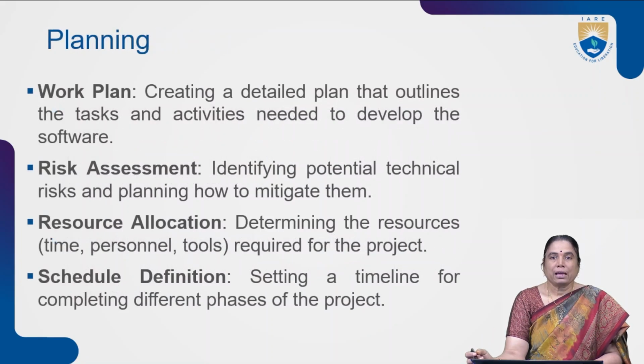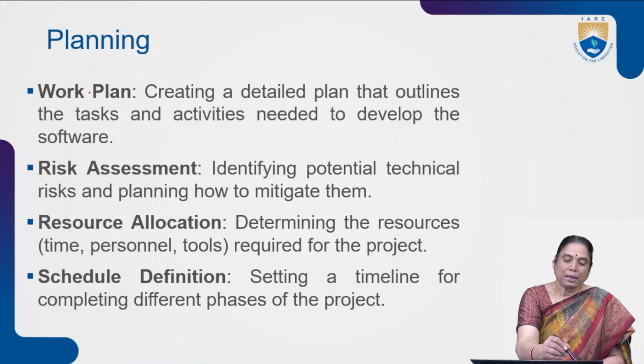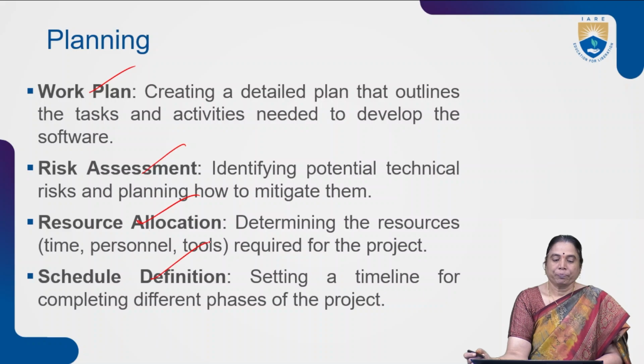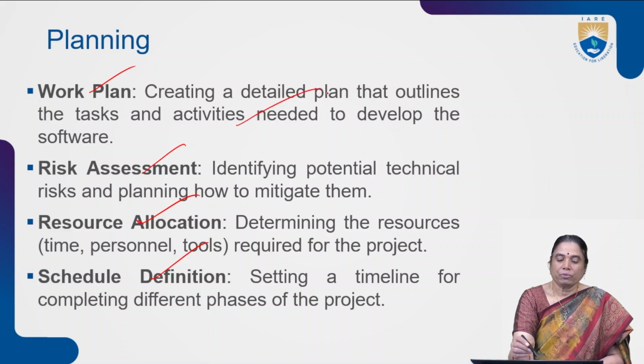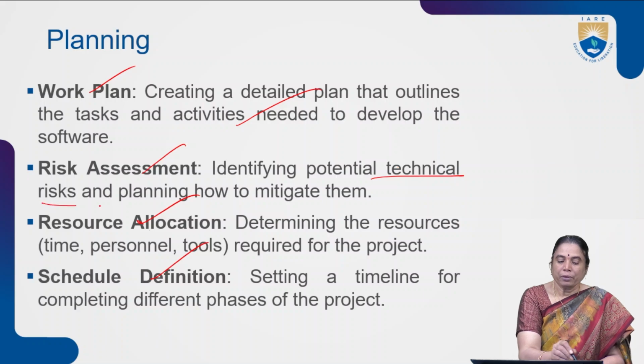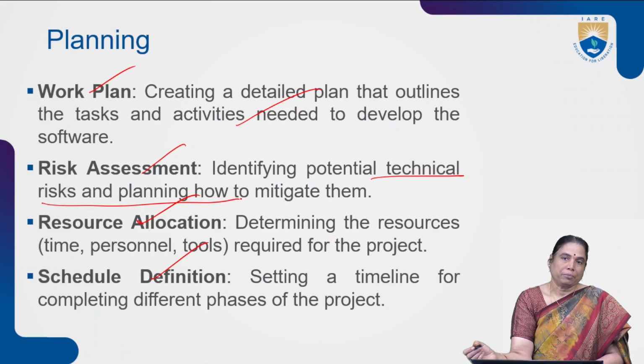The next framework activity is planning. Planning majorly involves the tasks of work plan, risk assessment, resource allocation, and schedule definition. The work plan is creating a detailed plan that outlines the tasks and activities needed to develop the software. In risk assessment, identifying potential technical risks and planning how to mitigate them.